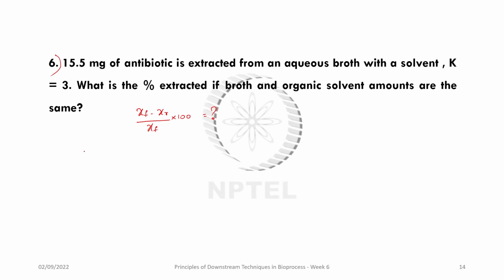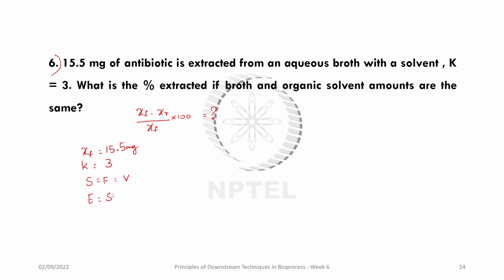So the solute concentration here, XF, is 15.5 mg in aqueous broth with a solvent, and K is equal to 3. And here S is equal to F is equal to V. So where does that leave us?